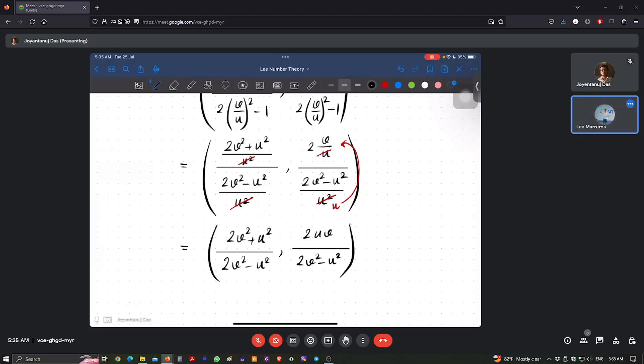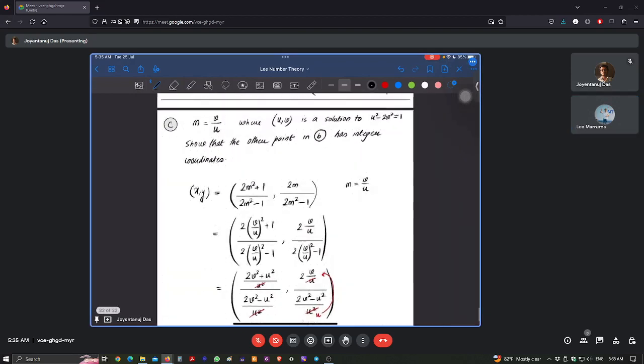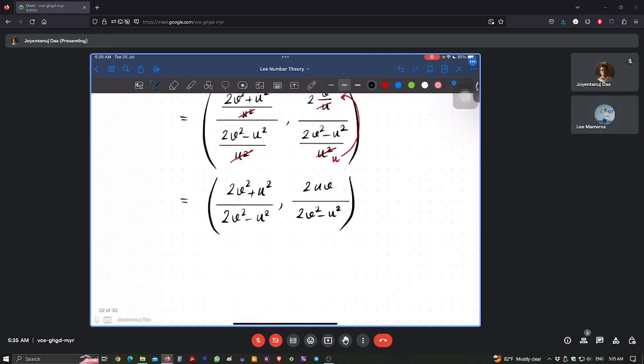That's correct. But in the starting they have told that (u, v) is a solution to this equation, so this is satisfied. So u square minus 2v square equals 1, which implies 2v square minus u square will be minus 1.